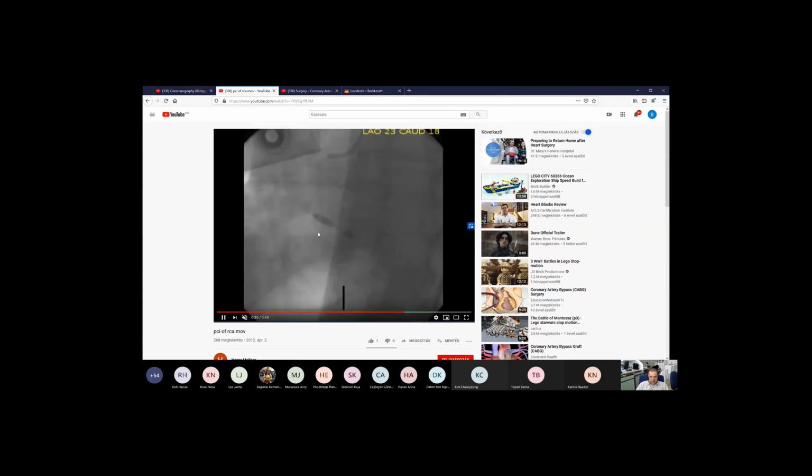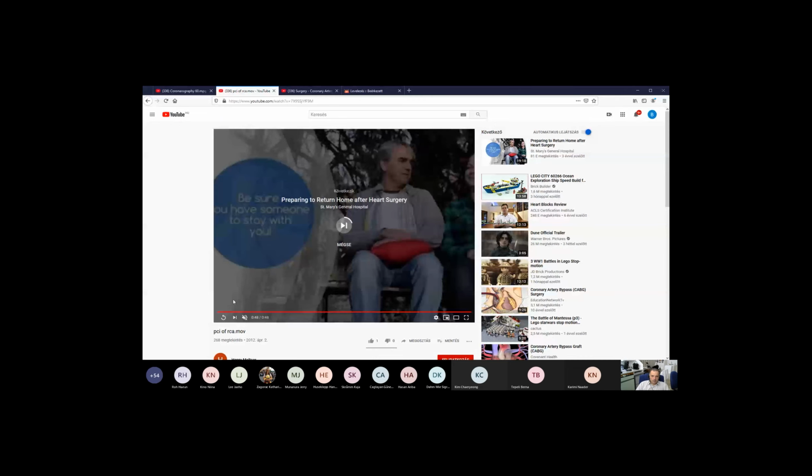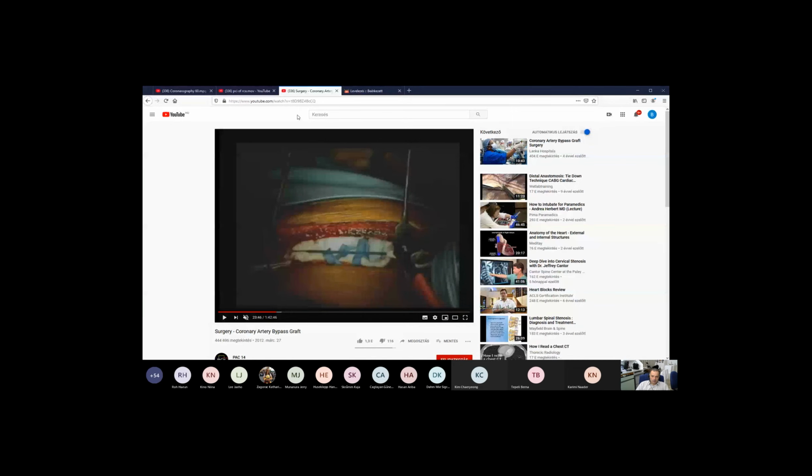You'll see now that the contrast agent blows up the balloon, and then after this, they remove the balloon and fill the vessel again. So this is what I mentioned, that you can treat the patient using this method by making the blood vessel wider, and you sometimes have to insert a metal grid that keeps the vessel open.